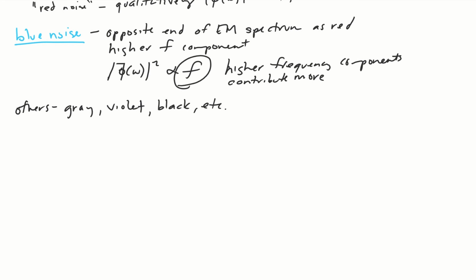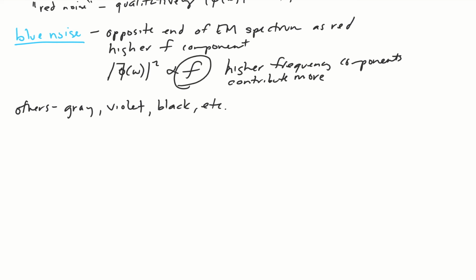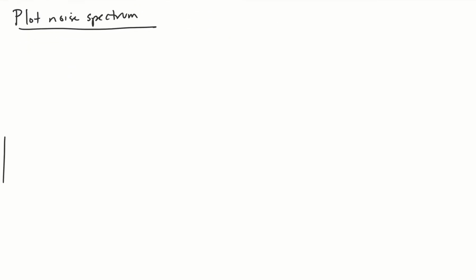So with all these different colors, this is just a written description, but with these quantitative descriptions, we can also plot the noise spectrum. Let me just draw a little line down here so I can scroll down. We can plot a noise spectrum both in terms of color and the different sources of noise that we have.